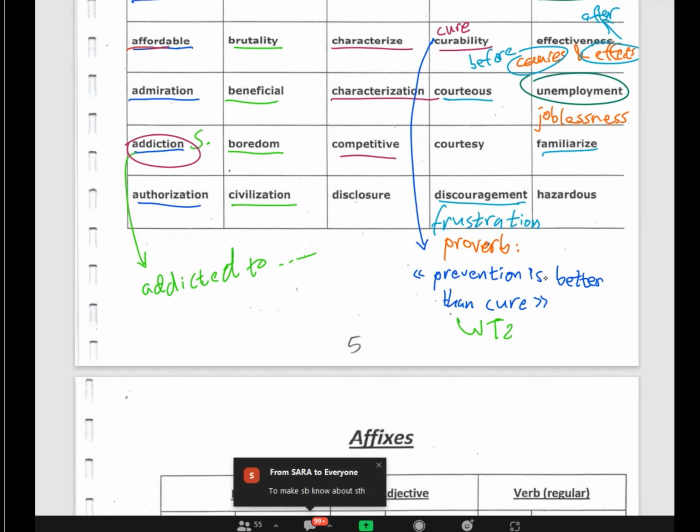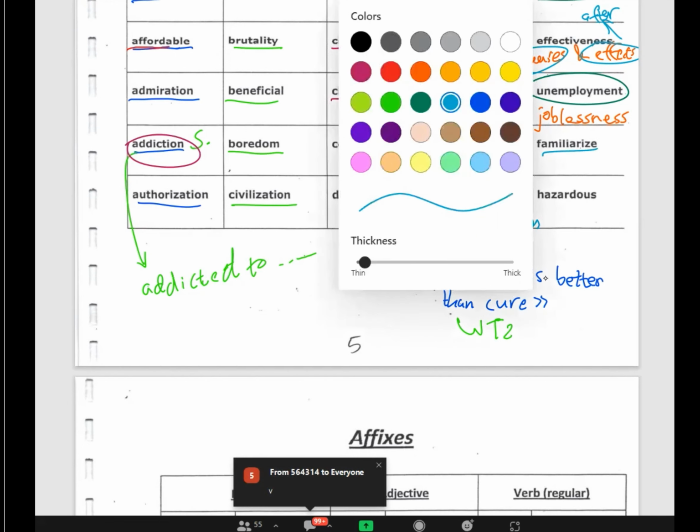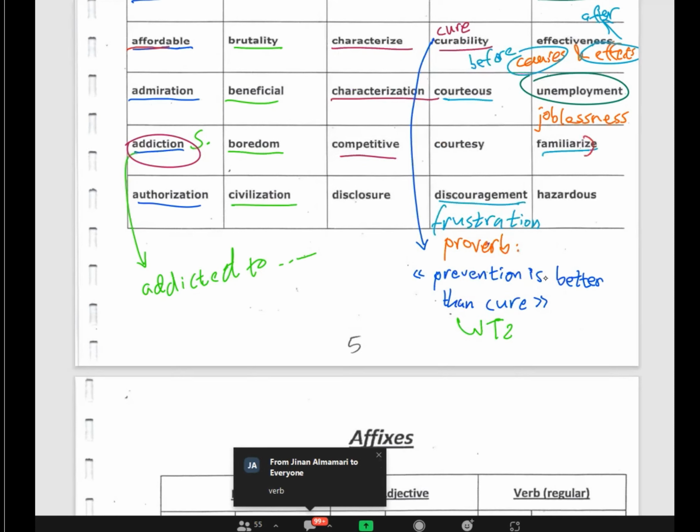It means introduce yourself, go around the place to discover it, to know who the people there are. To make something known. Familiarize. Is it a noun or an adjective? It's a verb. Very good. To make something familiar.